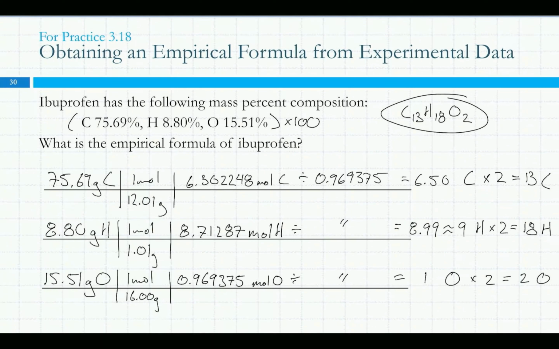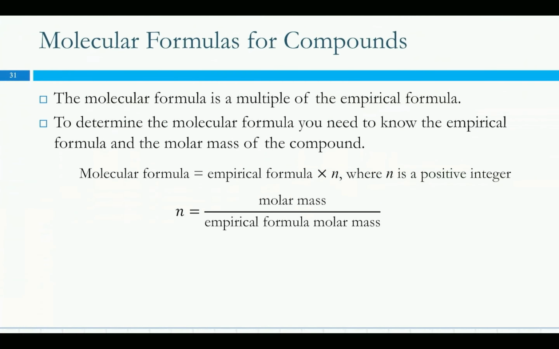How do we find the molecular formula? Experimentally, you look at freezing point depression or boiling point elevation, but we'll cover those later. For now, to find the molecular formula, you have to have the empirical formula given. Somebody has to say this is the molar mass of the molecular formula.